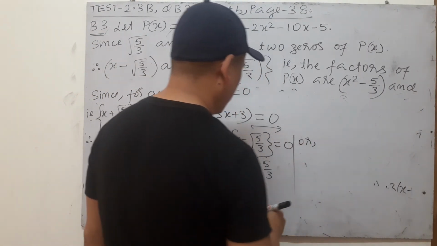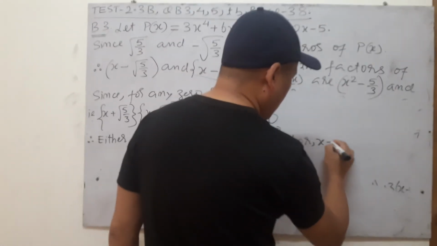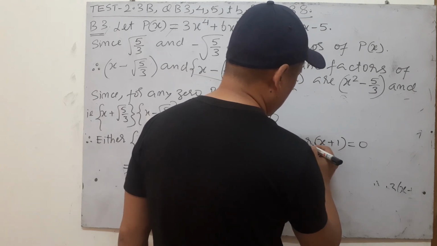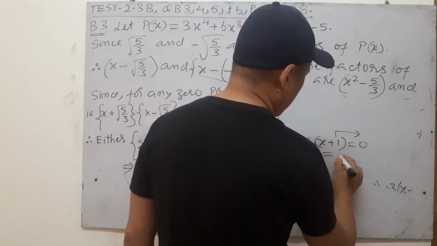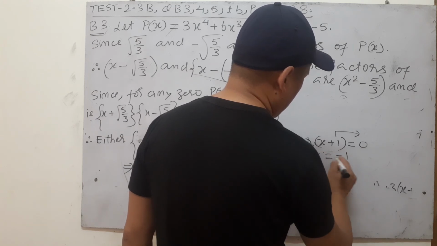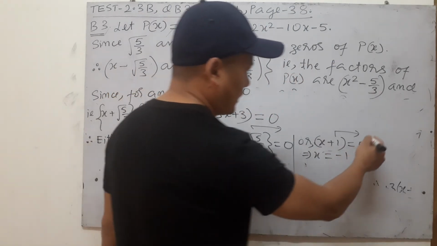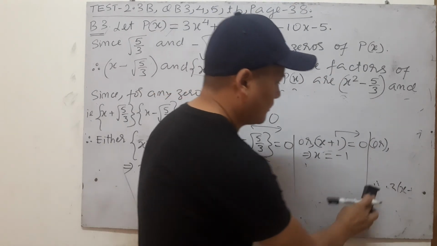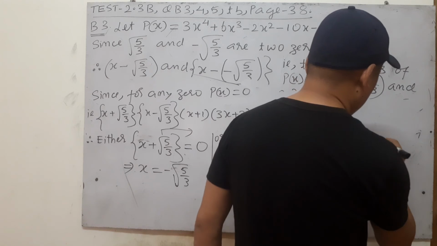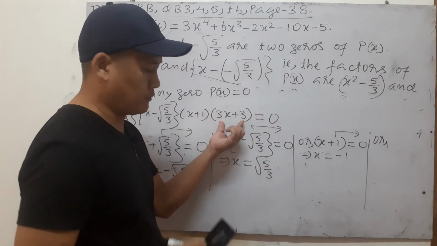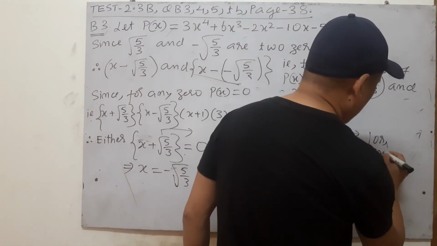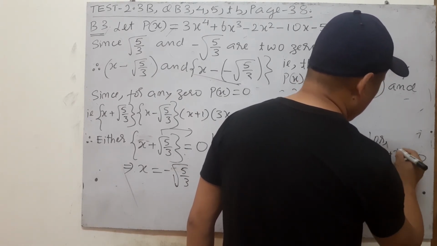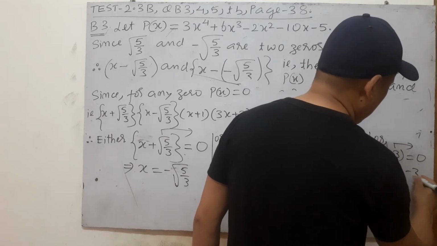Or the third factor, x plus 1, will be equal to 0, so shifting to the right side, x equals minus 1. The third zero is minus 1. And finally the fourth zero, from the last factor, 3x plus 3, equal to 0. So 3x, shifting plus 3 to the right side, is minus 3.